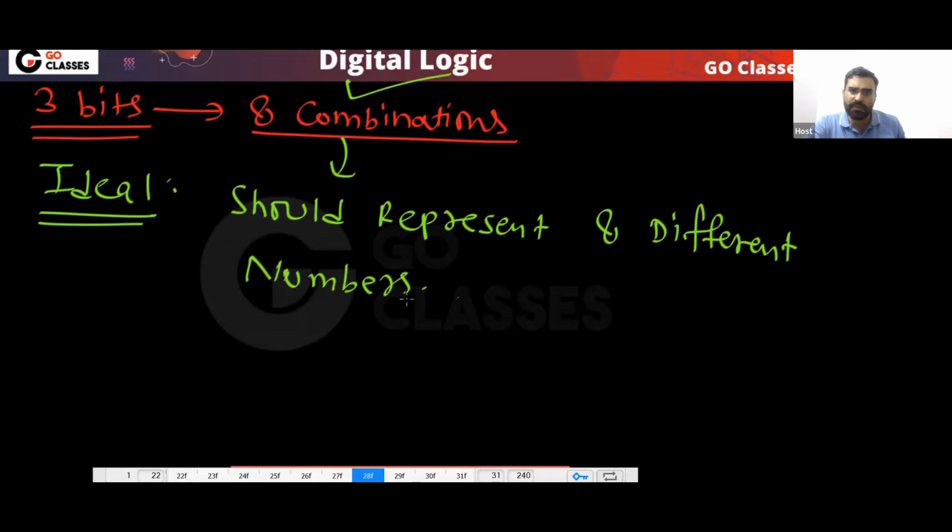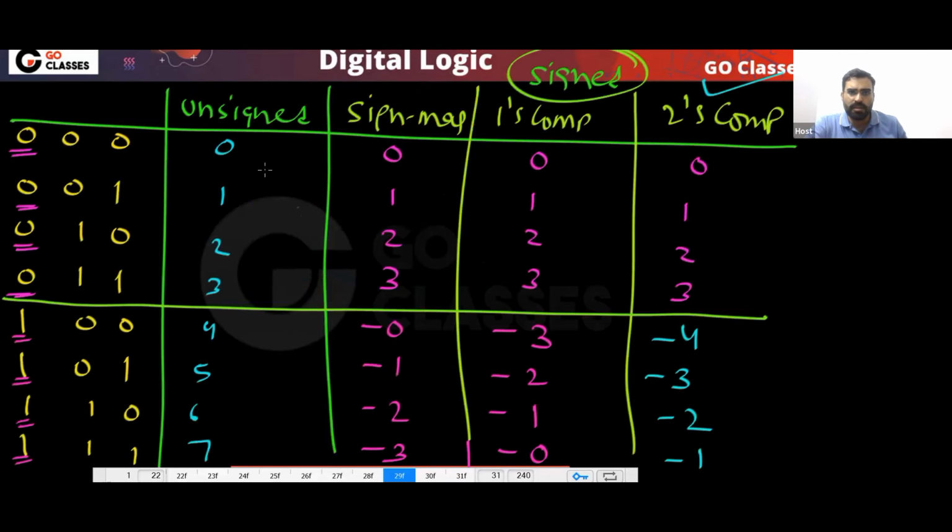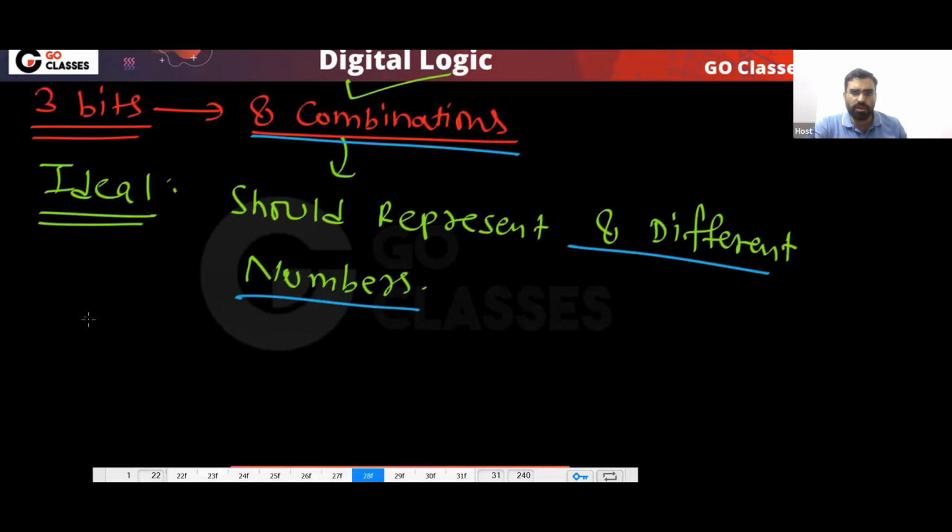But is it happening? Are they representing 8 different numbers? For example, unsigned is representing 8 different numbers, so you can notice this ideal situation is working for unsigned.